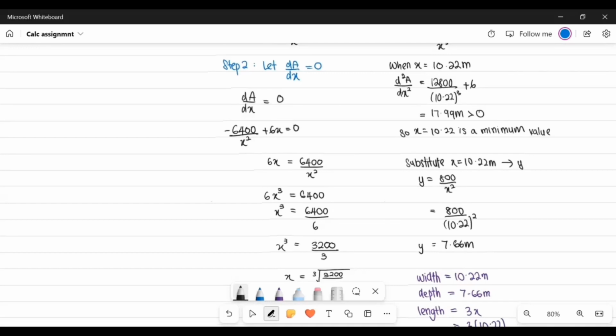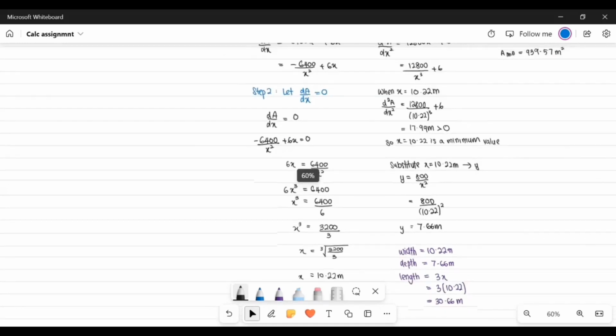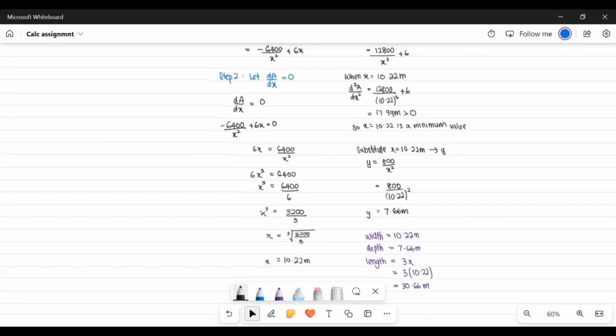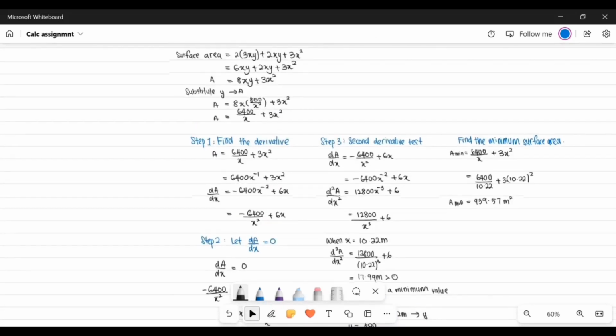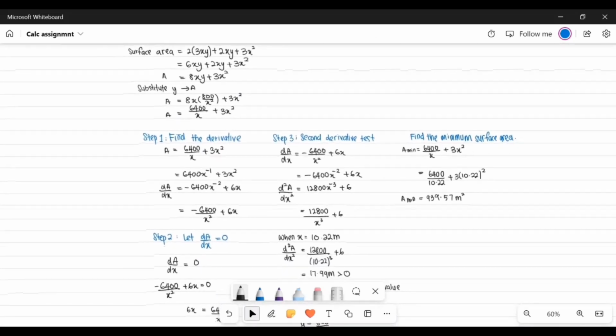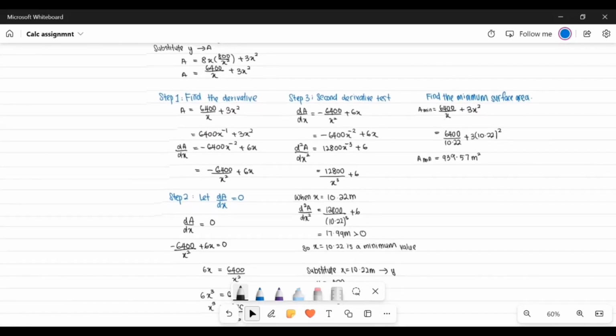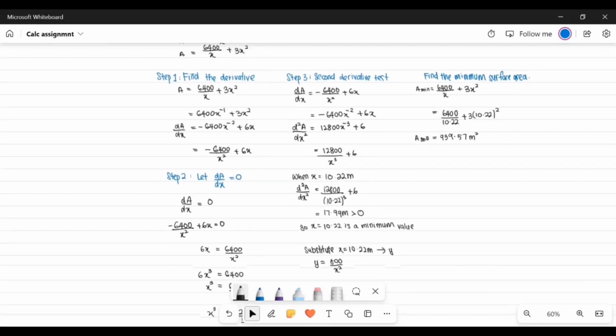And you will get the x value, which is 10.22. After we get the x value, for step 3, we will find the second derivative and test it.